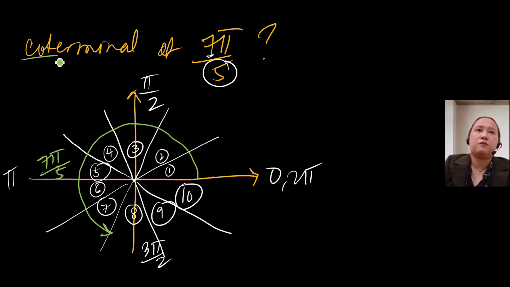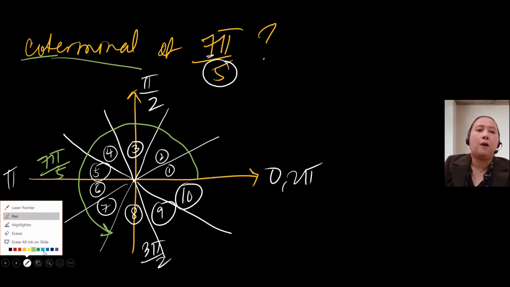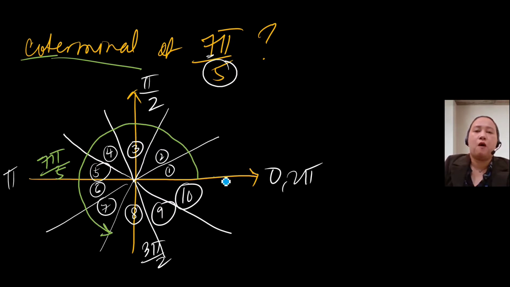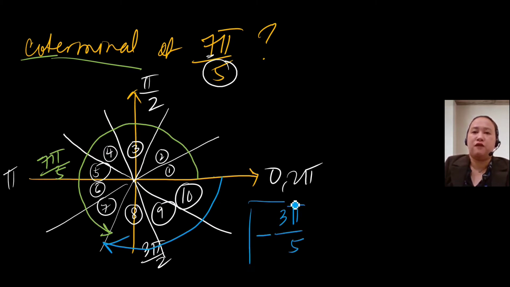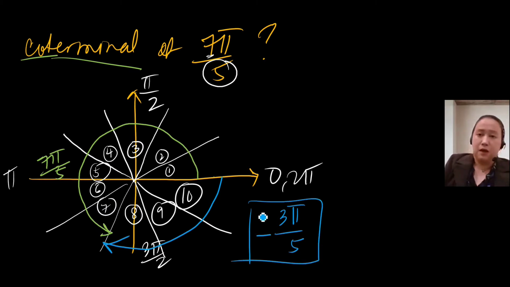To determine the coterminal, we can just have the opposite. From the initial side, 1, 2, 3. That is 3 parts of 5. The rotation is clockwise, so we have negative 3 pi over 5.